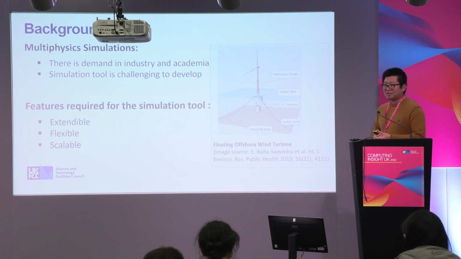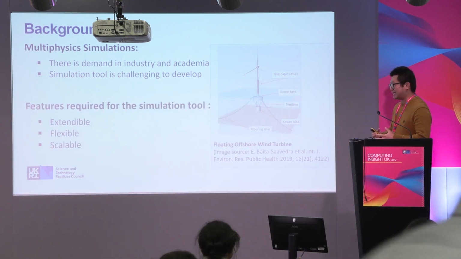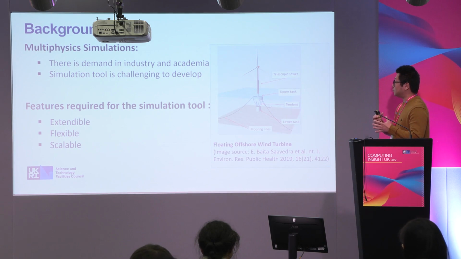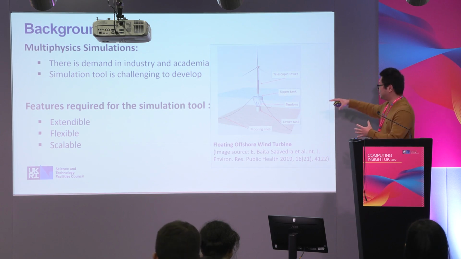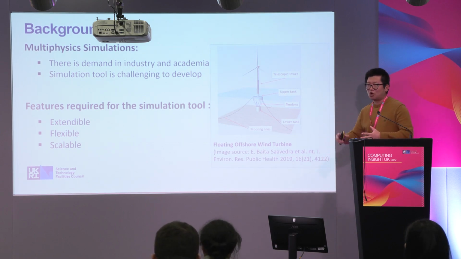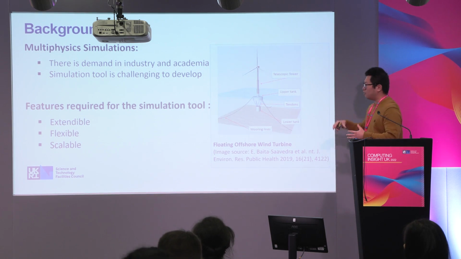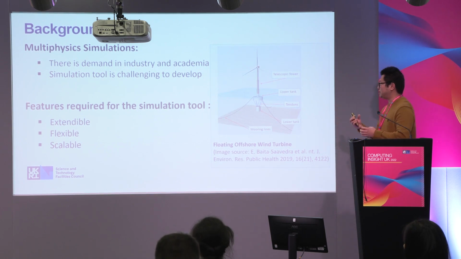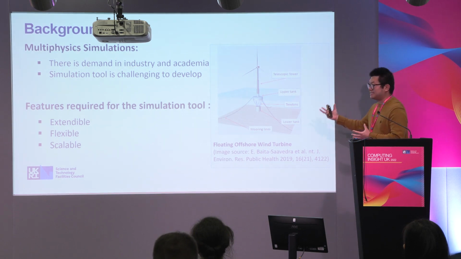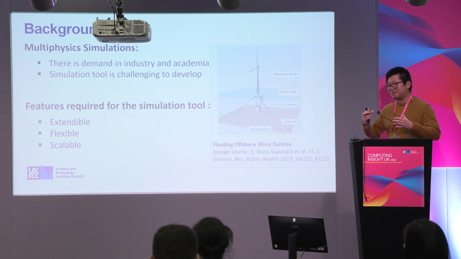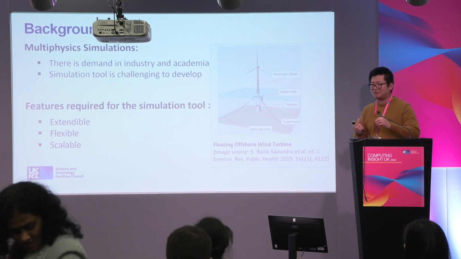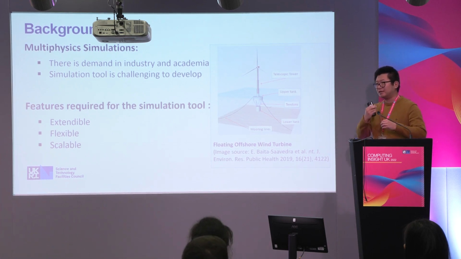One typical example of such a complicated multi-physical case is the floating offshore wind turbine, as shown here. It contains flexible, slender mooring lines, which involve flow structure interaction such as vortex-induced vibration, VIV. It contains the floating platform, which involves wave structure interaction with floating bodies.